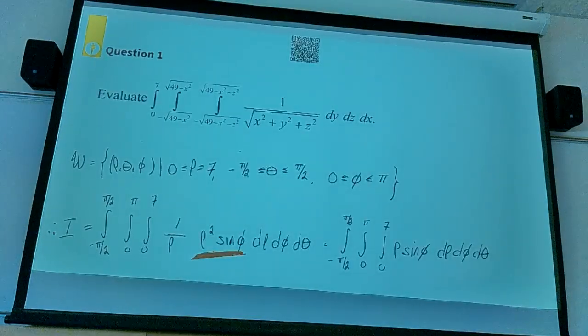Well, look, there's no theta, right? So we just go, okay, that outer integral, what's its length? Pi over 2 minus negative pi over 2. Just pi, right?